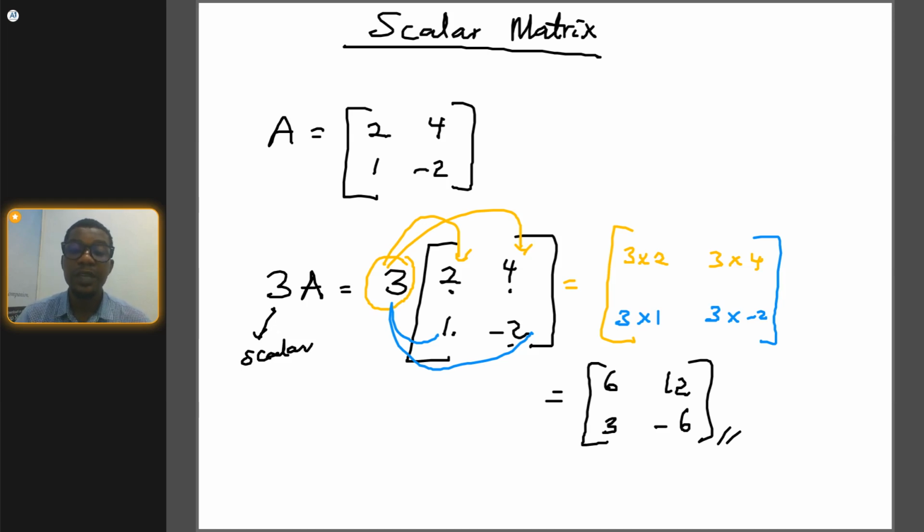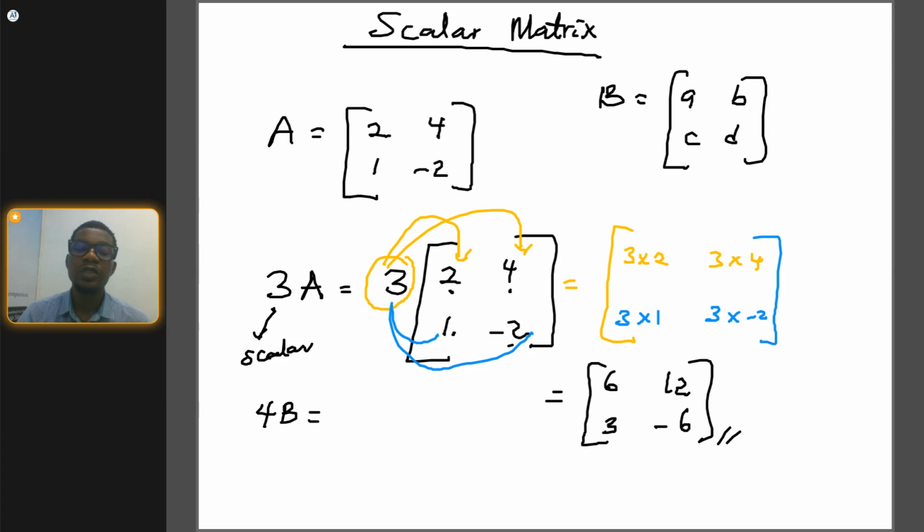What if we are given matrix B to be equal to A, B, C, and D, and we are asked to find 4B? How do we solve that?